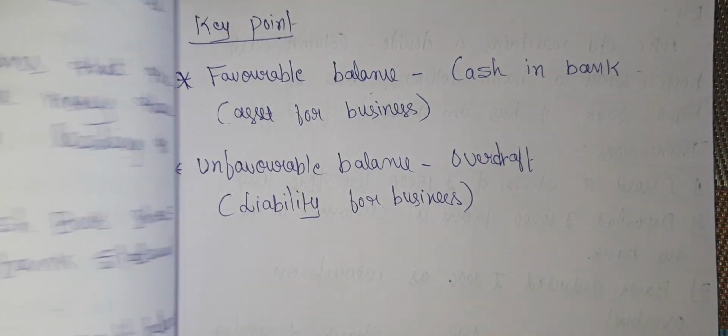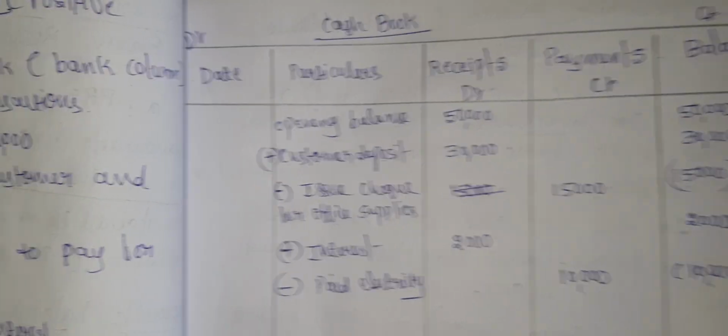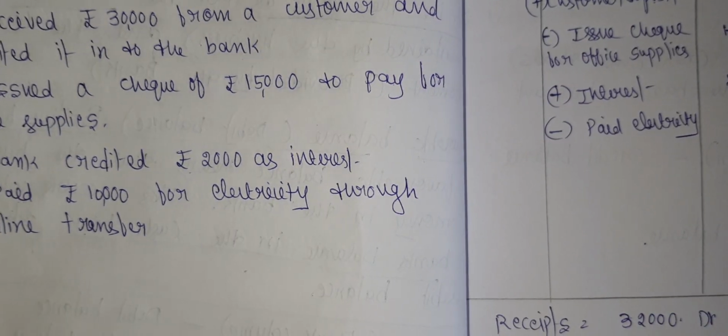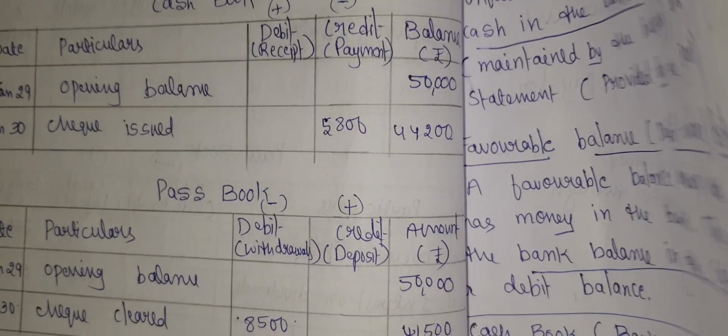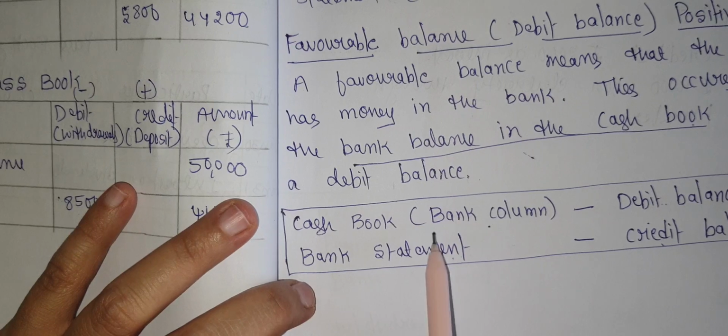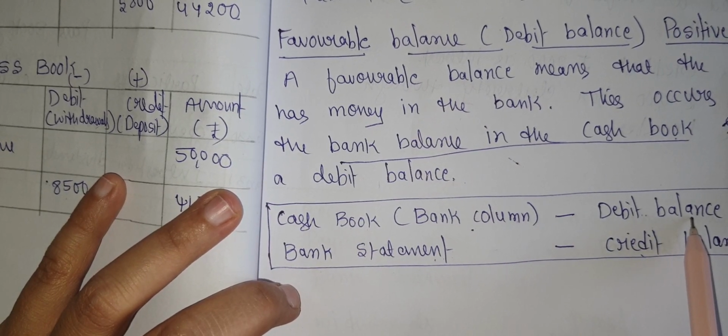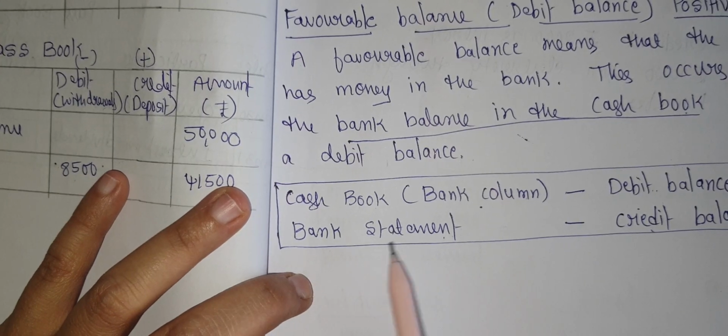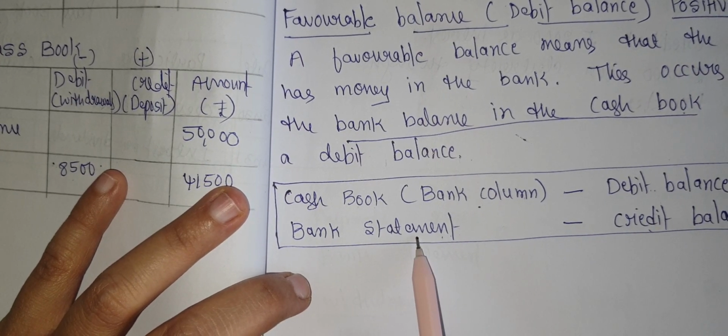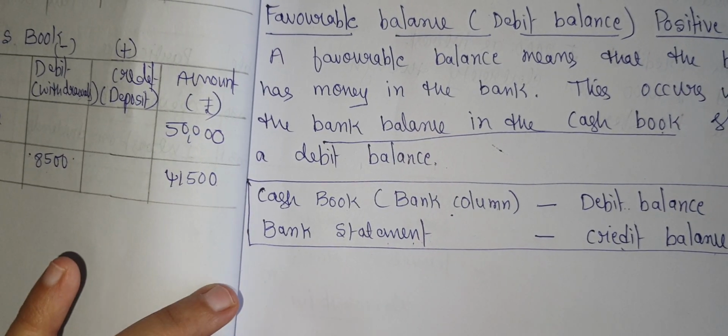Here in favorable and unfavorable balance, when you are solving the problems, you should remember these points. Bank column in the cash book, debit balance means favorable balance, and credit balance in the bank statement means a favorable balance.